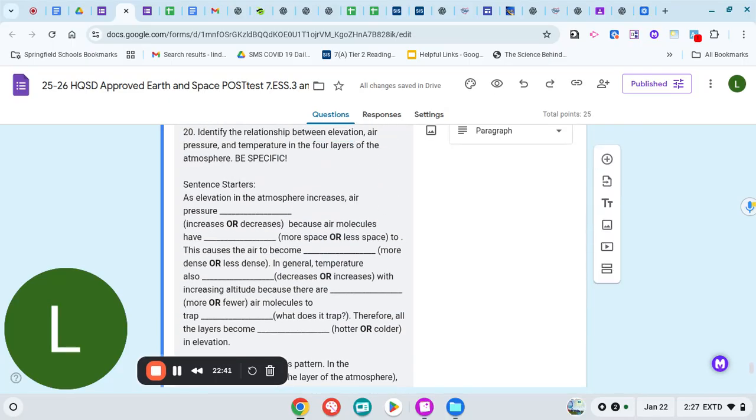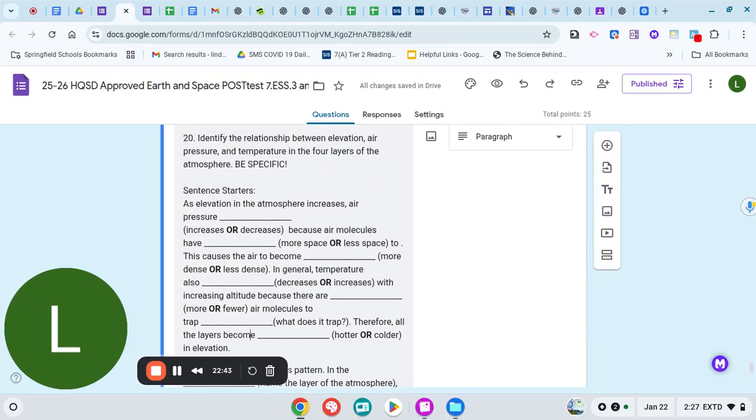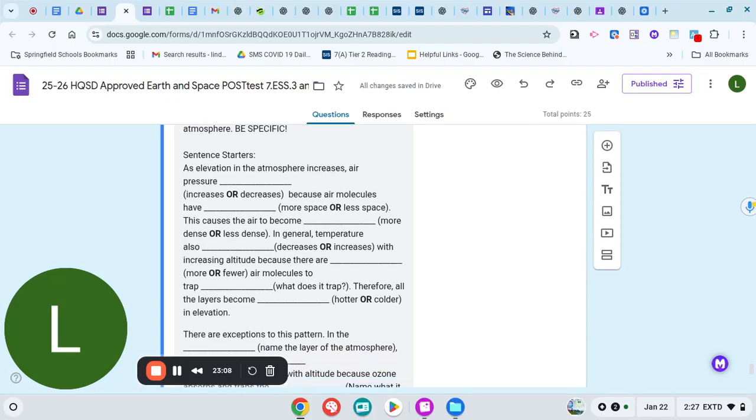All right. So when you read this, it should say something like, as elevation in the atmosphere increases, air pressure increases or decreases because air molecules have more or less space. This causes the air to become more or less dense. In general, temperature also decreases or increases with increasing altitude because there are more or fewer air molecules to trap blank.